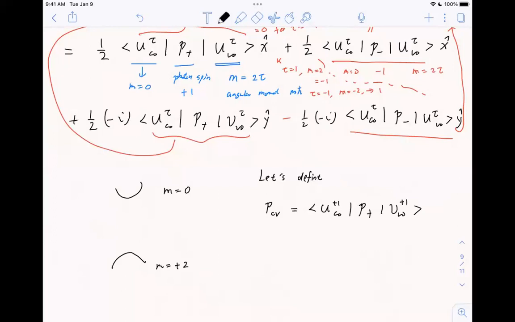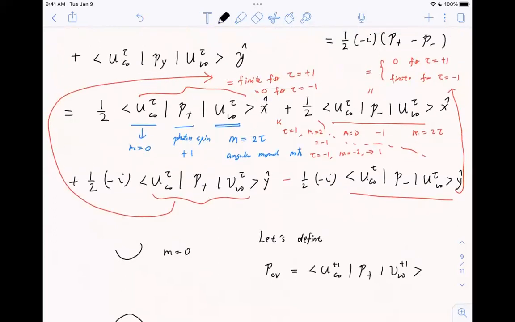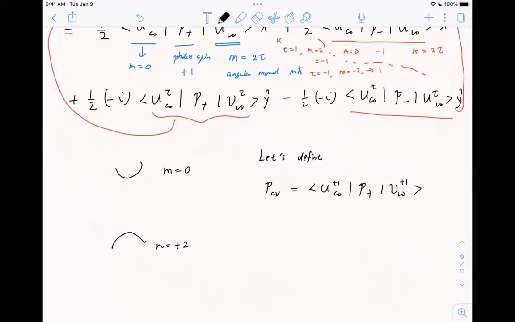Because this means as this, this is finite. So if you apply the time reversal operation on PCV, PCV is just a dipole, it's a number because it's only a component. When you apply time reversal symmetry on a number, you just get the same thing.